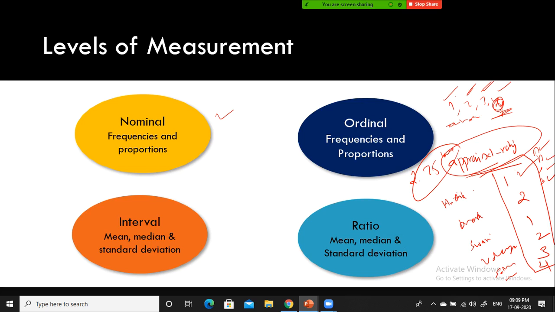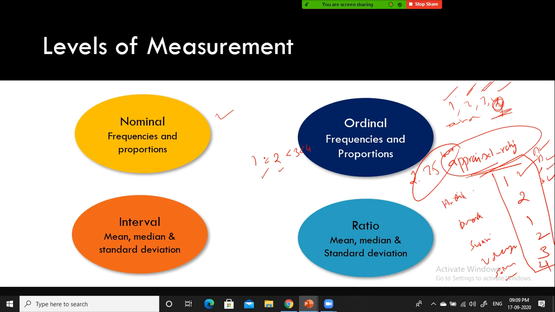Similarly, see that the difference between ordinal and nominal is that here the rank comes into the picture. In the case of ordinal measurement, the values stress the order or rank of the values. We can say in the case of appraisal rating, 1 is superior to 2. It makes sense, right? And 2 is superior to 3, and 3 is superior to 4, because my rank is superior to others' rank.